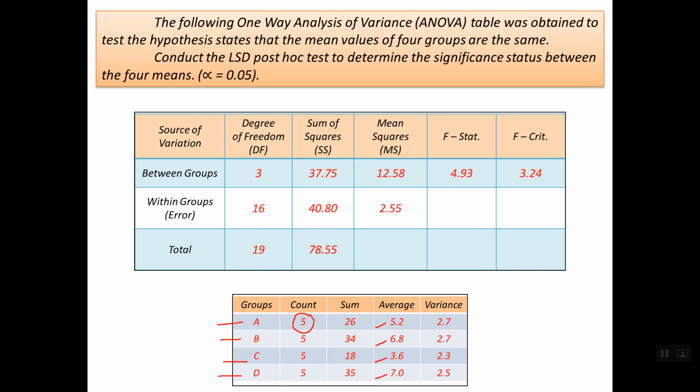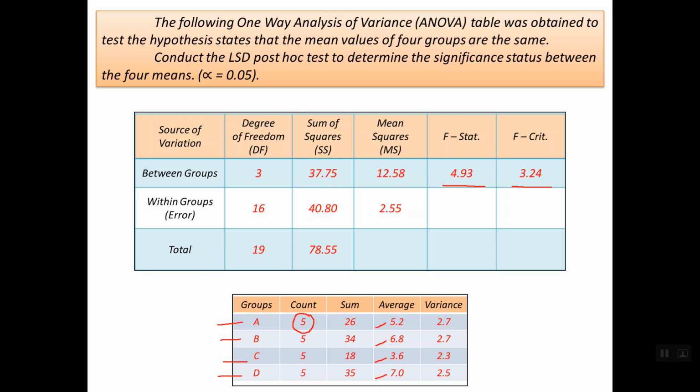As we see in the one-way ANOVA table, the value of the statistic F, or sometimes called the calculated value of F, is greater than the value for F critical. So there is a significant difference between the means for the four groups.